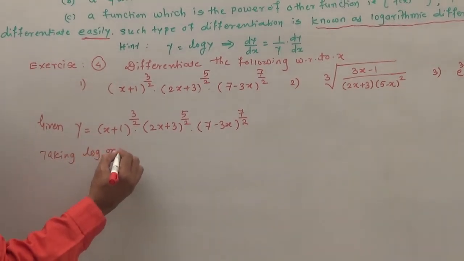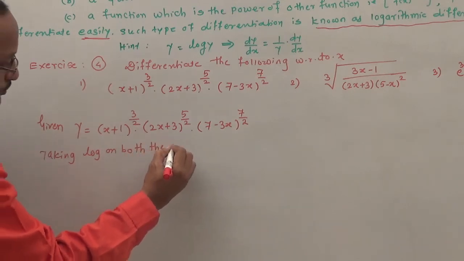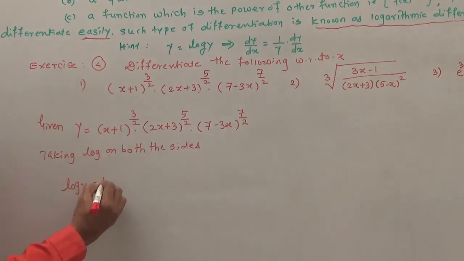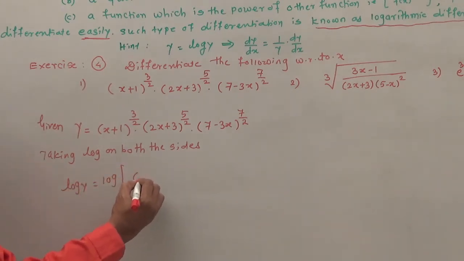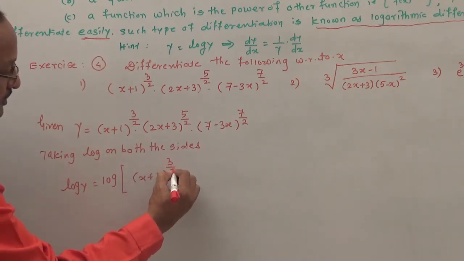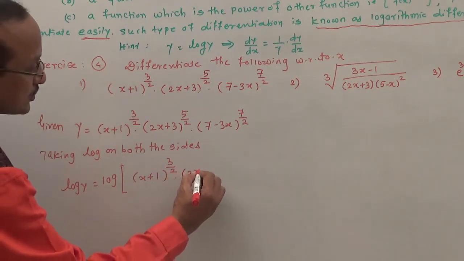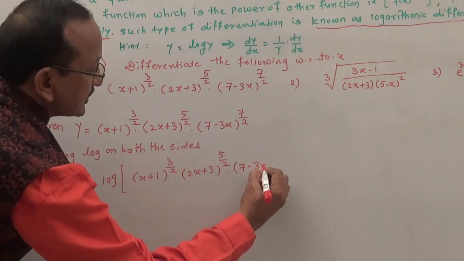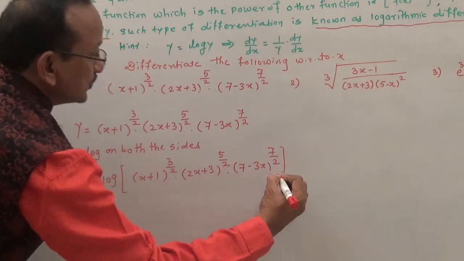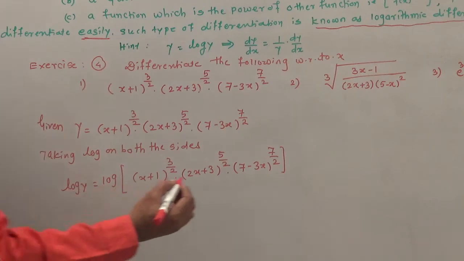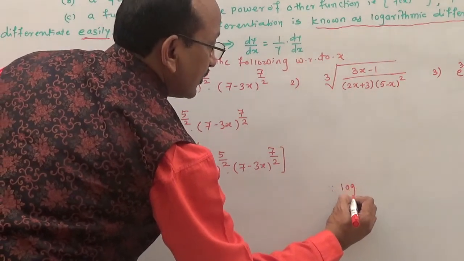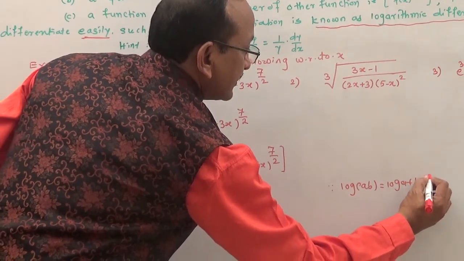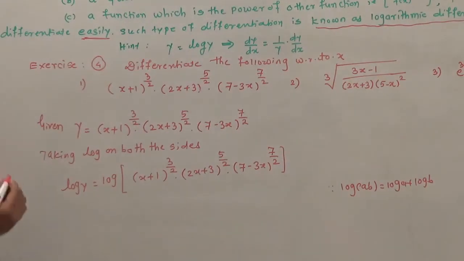So, taking log on both sides. Log of y is equal to log of (x plus 1) raised to power 3 by 2 into (2x plus 3) raised to power 5 by 2 into (7 minus 3x) raised to power 7 by 2. Now apply the formula log of AB is equal to log A plus log B. So simplify it.